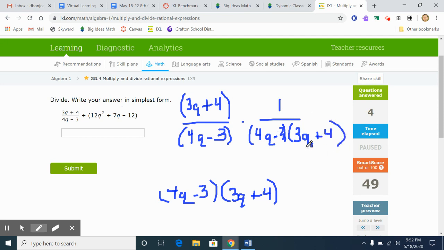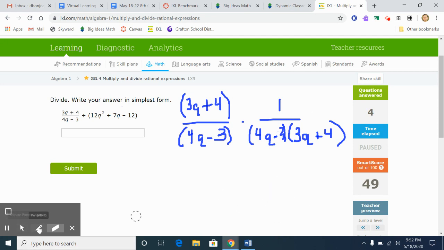All right, so hopefully this makes sense. I changed this trinomial to these two binomials using that 5-step process. Okay, so let's get rid of this. Now my work is here.